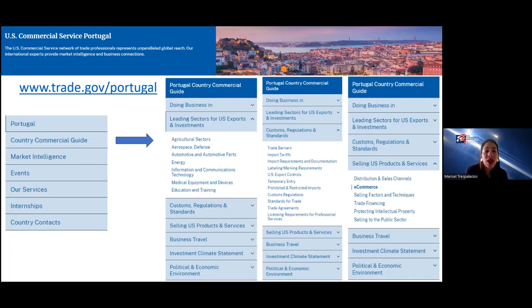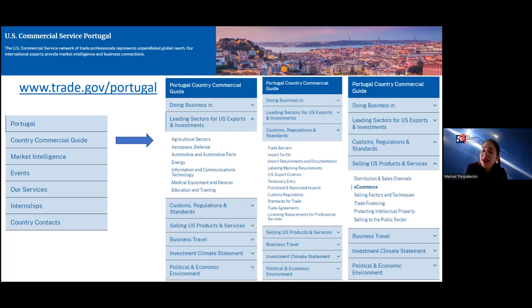I myself use it. So as you can see in here, it tells you the leading sectors for US exports in that specific market. So in the case of Portugal, we see that there are, what is it, like 7 leading sectors, including agricultural products, aerospace, automotive, energy, ICT, healthcare, and education.